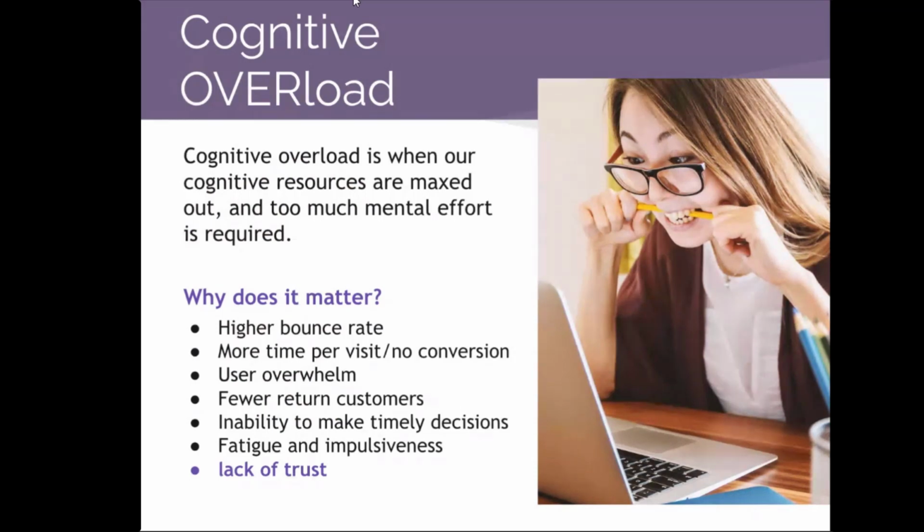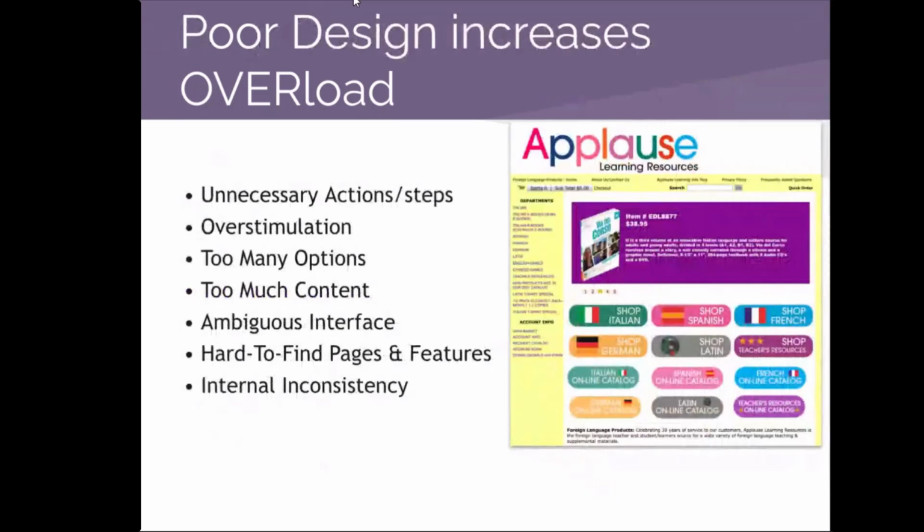We do want to give them options, so finding that balance between the stuff on the page and giving the user options is an important balance to create on web pages. If they're overwhelmed, they're going to leave. They're not going to have a good experience, and they're not going to come back, right? We want to make sure that we don't do that.